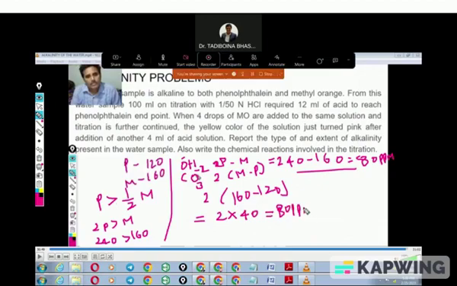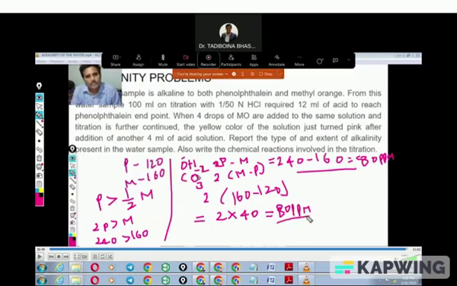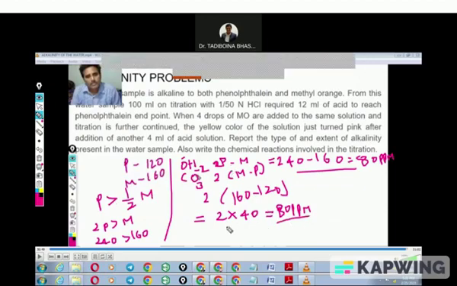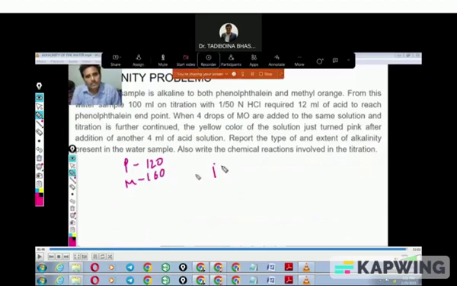So you can understand about the problem. Then what are the chemical reactions involved in this problem?